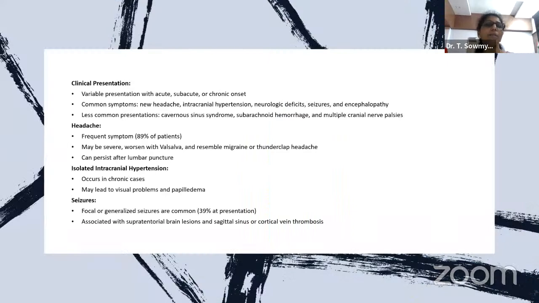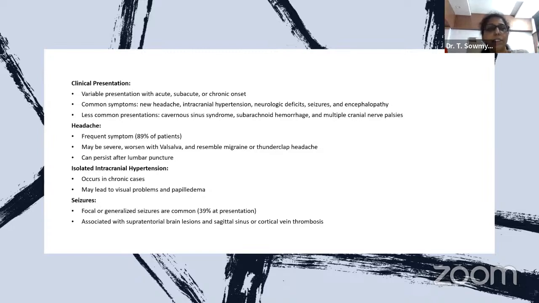And coming to the presentation of CVT, the presentation may be acute, subacute, or chronic. Acute is less than 48 hours, subacute is 48 hours to 30 days, and chronic is more than 30 days. The common symptoms are new onset headache, intracranial hypertension, neurological deficits, seizures, and encephalopathy.